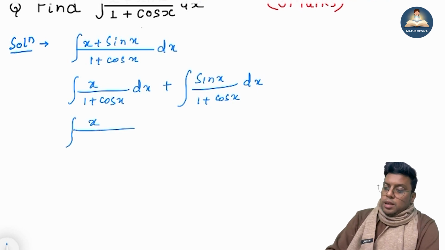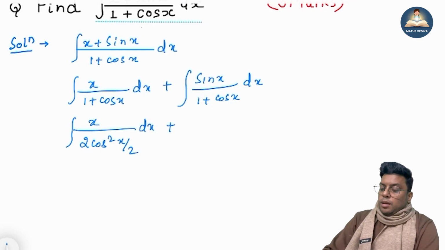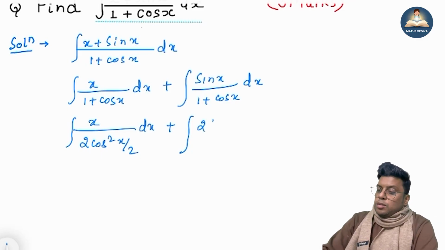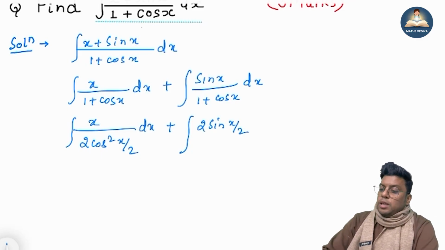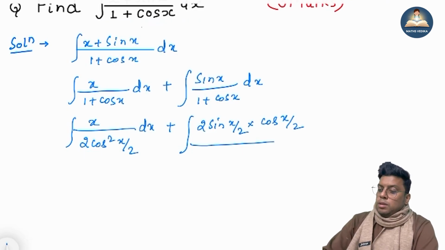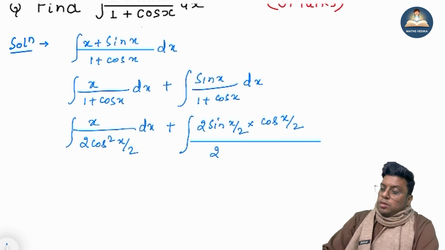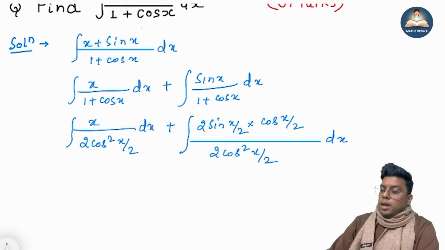So we can write this as x divided by 2 cos² (x/2) dx plus, sin x can also be written as 2 sin (x/2) into cos (x/2), divided by 1 + cos x, which will be written as 2 cos² (x/2), dx, by the half angle identity.